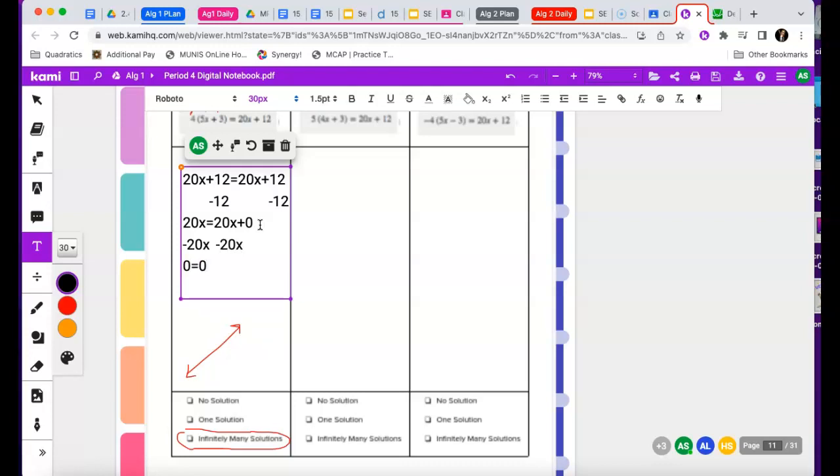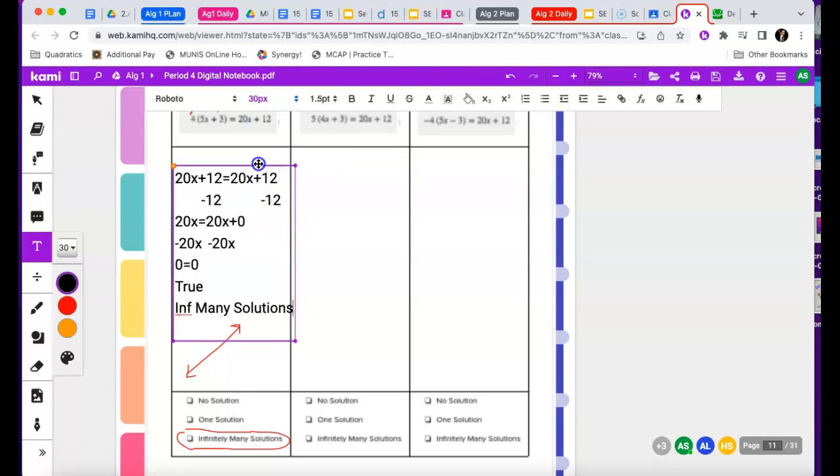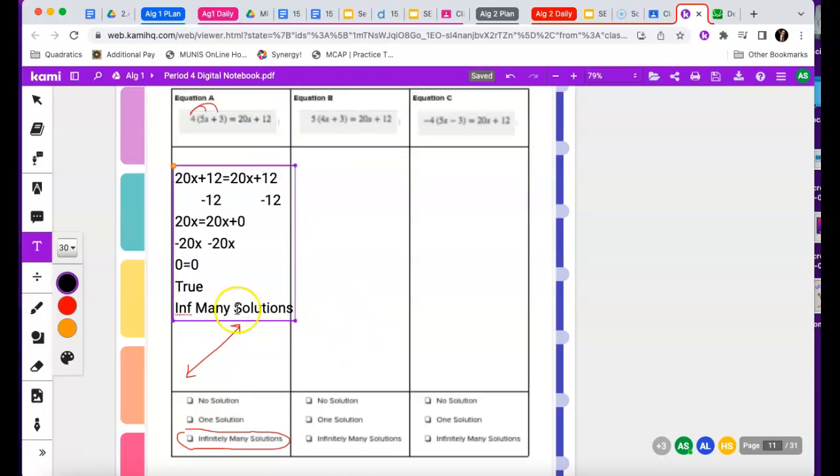So anytime we have a true statement, when the two numbers are in fact equal to each other, that's how we know we have infinitely many solutions. So we see what that looks like graphically, and now we see what that looks like algebraically.